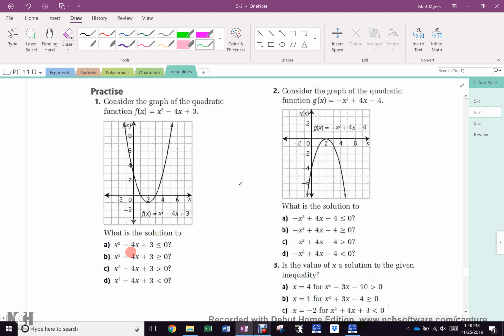I want the answer when it's less than 0, less than or equal to, greater than or equal to, less than, greater than. You need 4 answers here. One of those is not right, okay? These are not multiple choice. You will need 4 answers for all of them. For the first 2. Everybody cool?